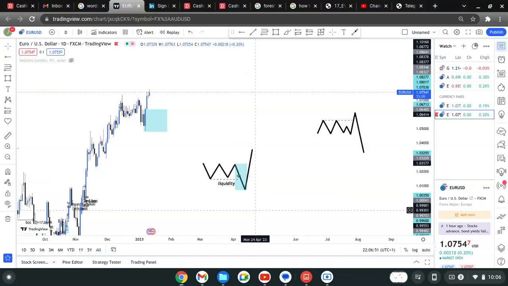Our small $1,000, 5K, even 10K, 100K dollars, you won't move price. The big banks have enough liquidity to move price and engineer liquidity. So we see places that have two equal lows, they take out this liquidity, and basically that demand zone is the last down move before the up move.